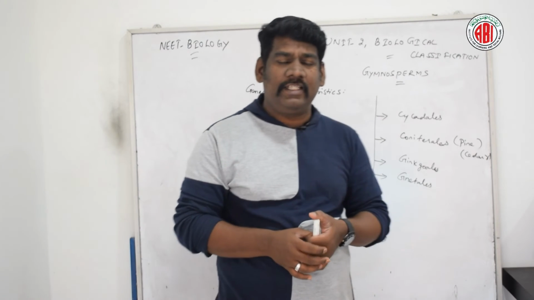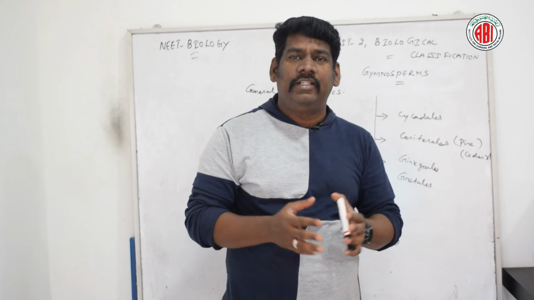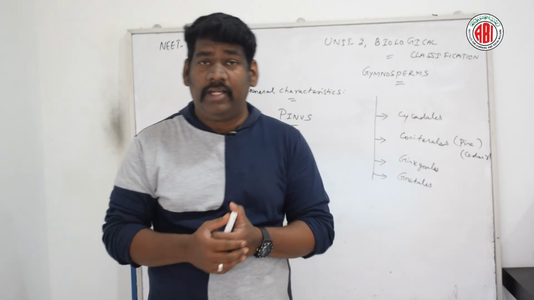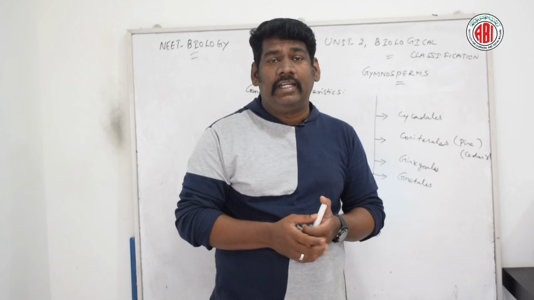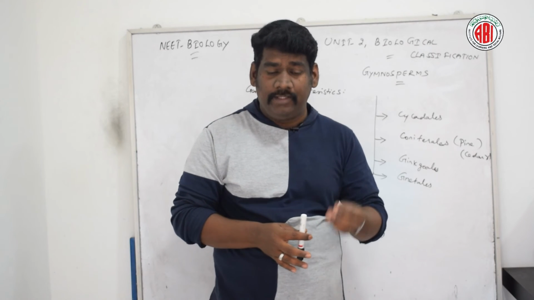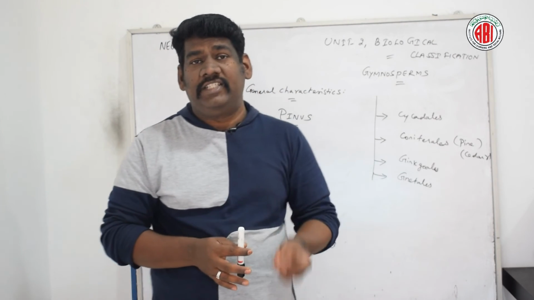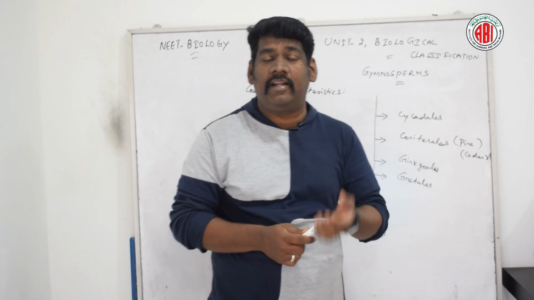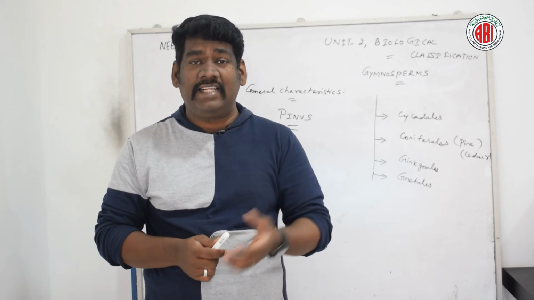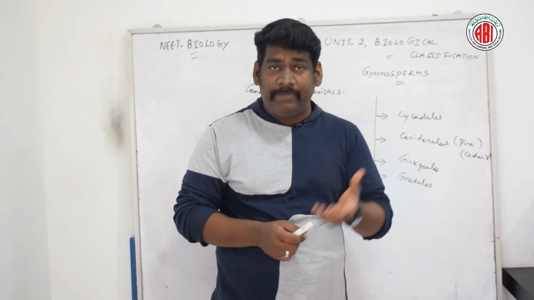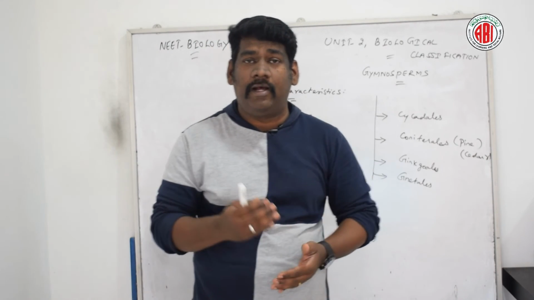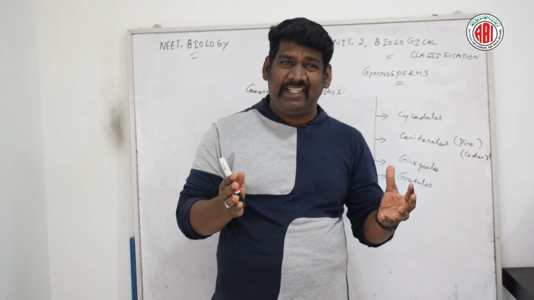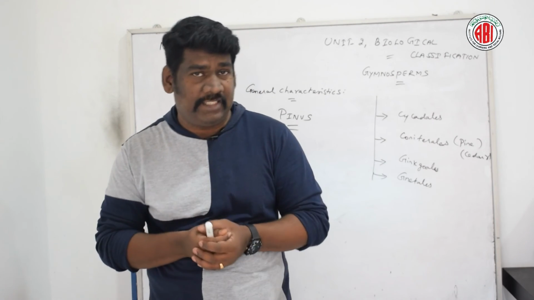Pinus plants are a major source of different commercial products manufactured in industry, like timber, resin, which is further used for the preparation of turpentine oil, tar and candle wax, kraft paper and paper pulp. These are all commercial uses of the Pinus plant.